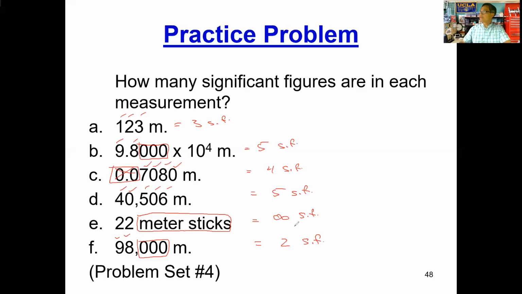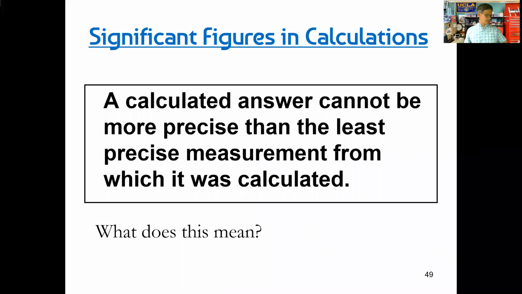Let's go ahead and continue on. With the little time that I have left here, I want to talk about significant figures when we talk about calculations. Actually, let me do this. I'm going to pause right here, and then in the next lecture, I'm going to talk about how we deal with significant figures in calculations.